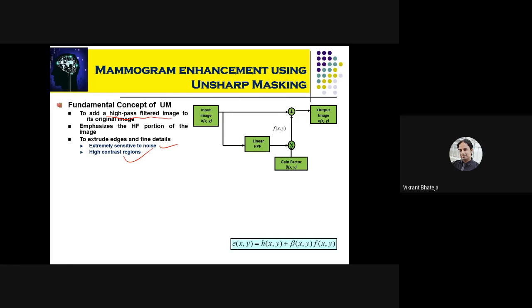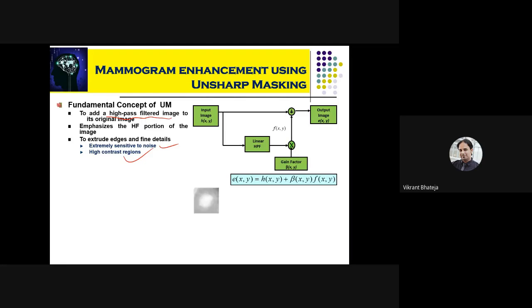Now this is the basic function for unsharp masking, and if you see that this is your input image, then this is the enhanced image from unsharp masking. You already see that this over brightness is the cause of high contrast or the noise which is enhanced in these images.